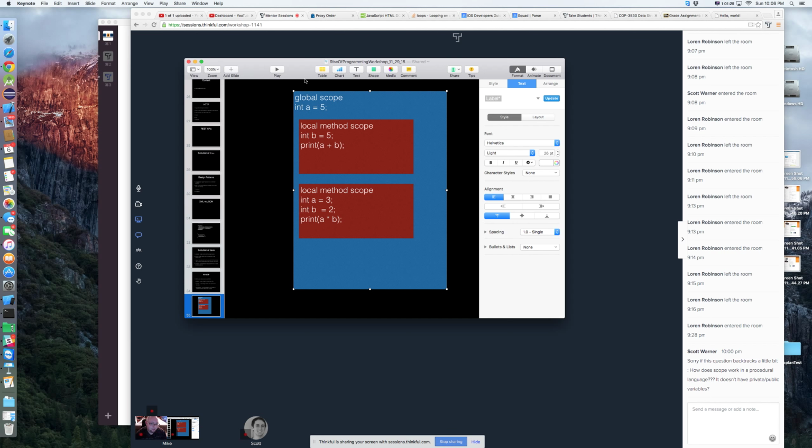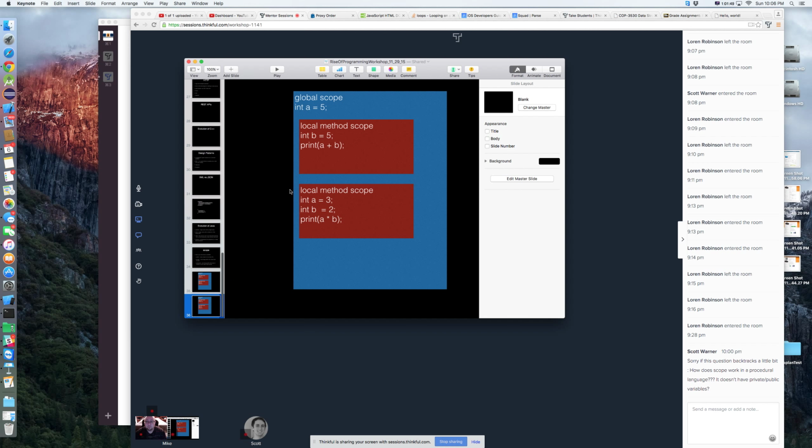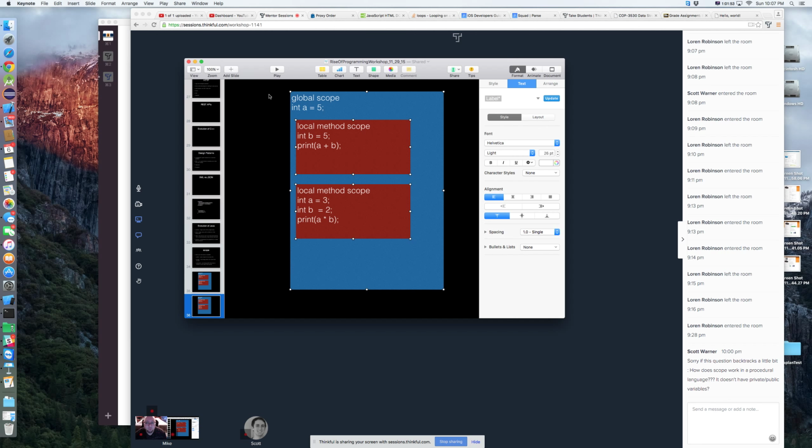But this is a procedural language where we have just the global scope that governs the entire file that we're in, as well as local scopes that involve the individual methods or functions that live within that file. The second we get into object-oriented programming, all of a sudden we have one more layer behind this.